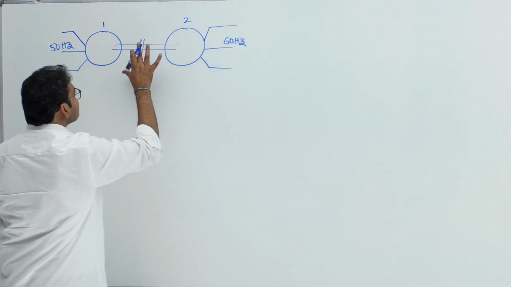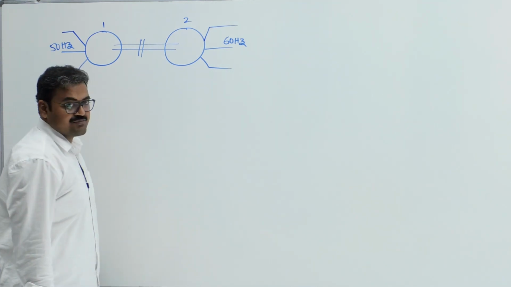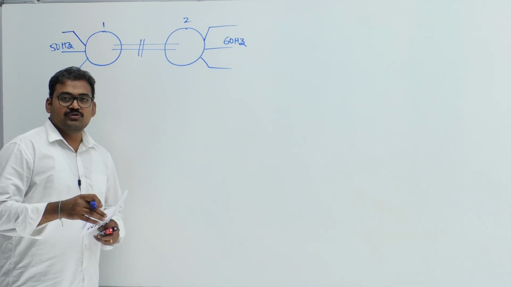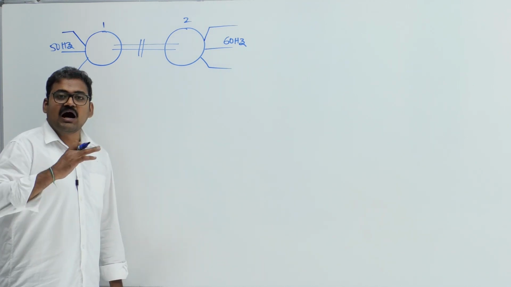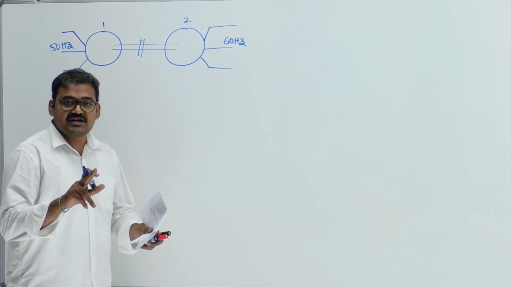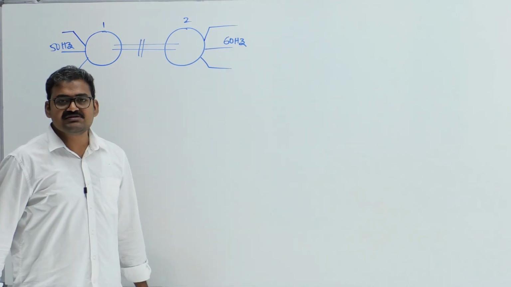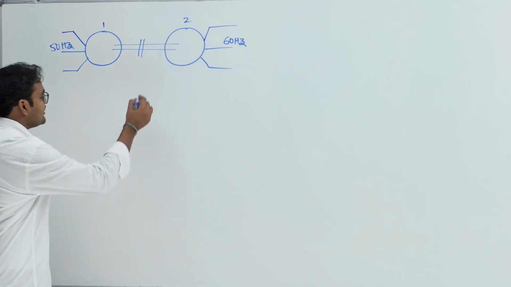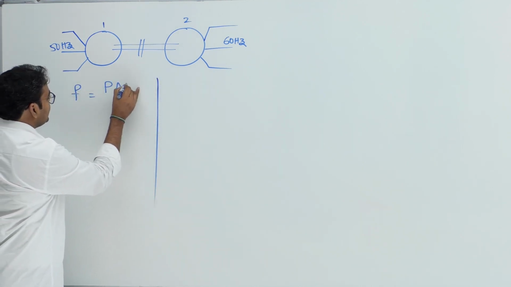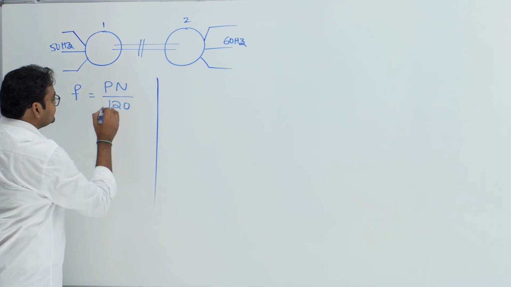Then what is the highest speed possible here? Indirectly, what you need to do is understand how many poles are required for these alternators. If you understand the number of poles, speed can be easily calculated, because I know one thing: frequency is always equal to P into N by 120.